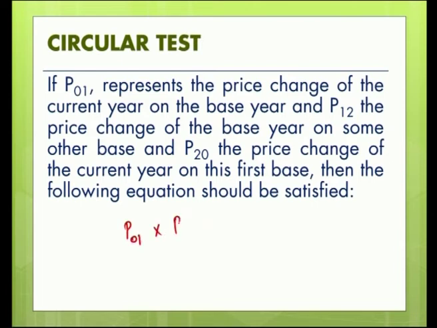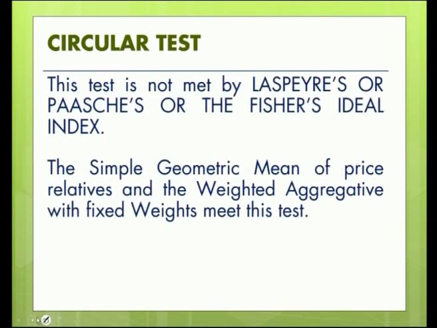P01 into P12 into P20 should be equal to 1. This test is not met by any of the most commonly used methods, that is Laspeyres, Paasche, or Fisher's ideal index number. The simple geometric mean of price relatives and the weighted aggregative with fixed weights meet this test.